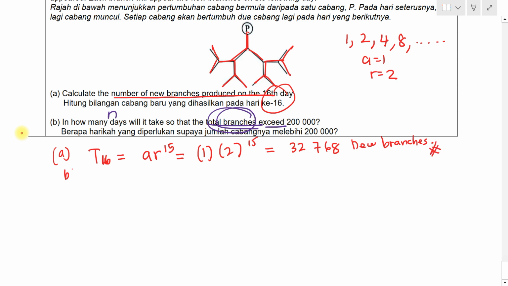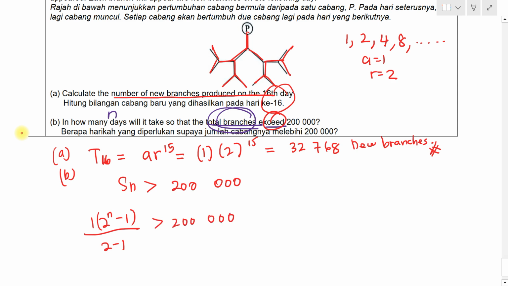Question B. Sn exceeds 200,000. Your R is 2, right? So 2 minus 1, 2 power n minus 1, and then your A is 1. More than 200,000.